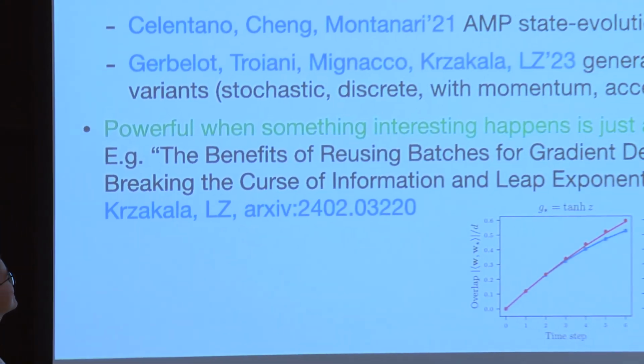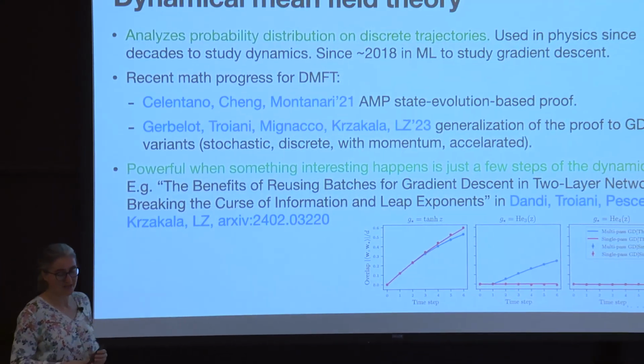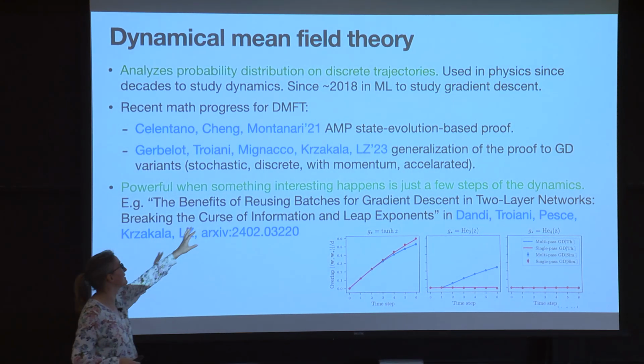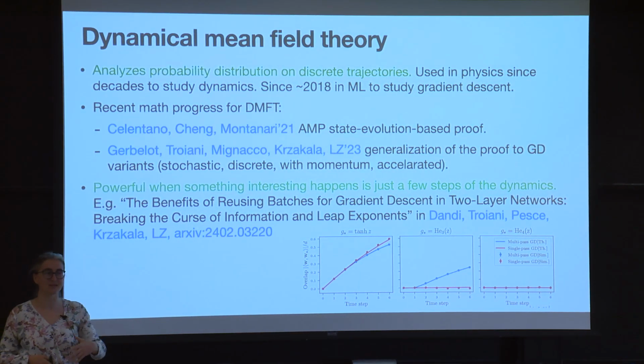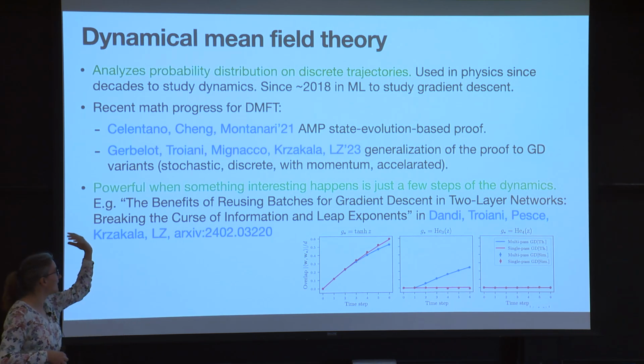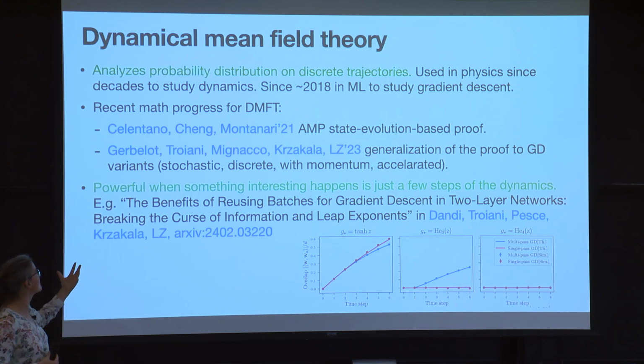And again, recently there has been really cool progress of actually using all this methodology of state evolution of approximate message passing to actually prove that this is correct, that under the assumptions of these models, this is the right thing to do. And that started with this work from Andreas' group.